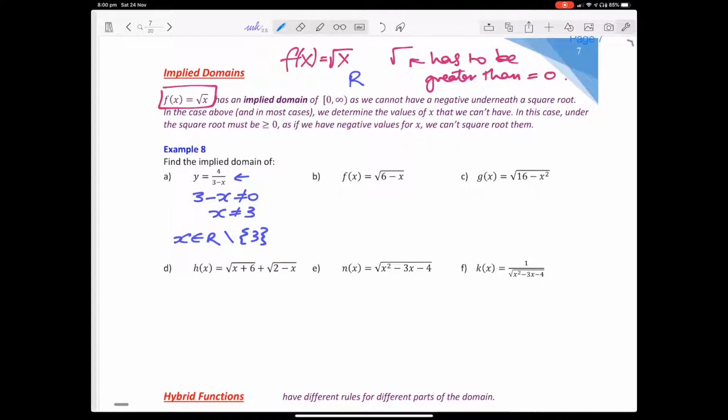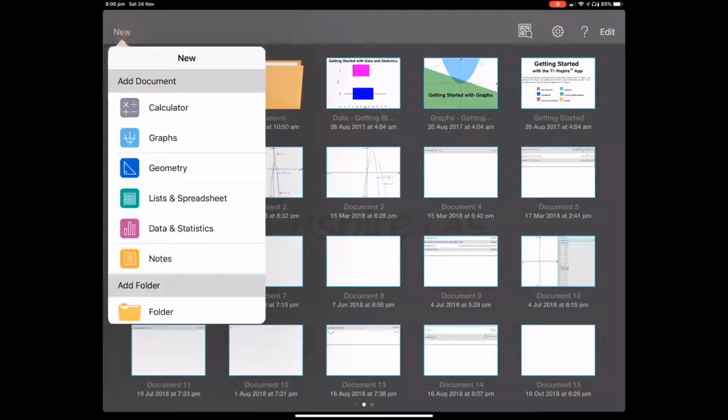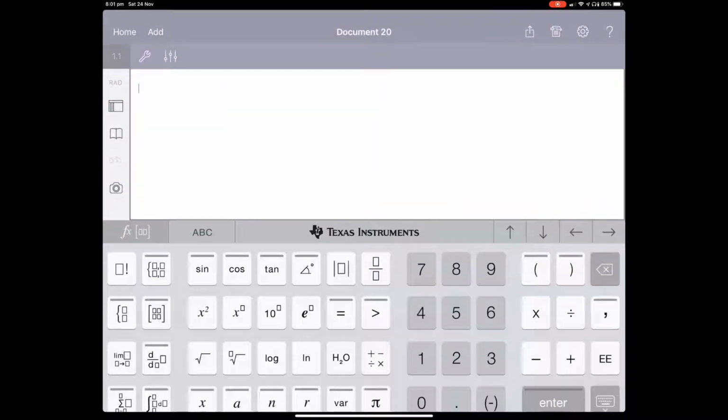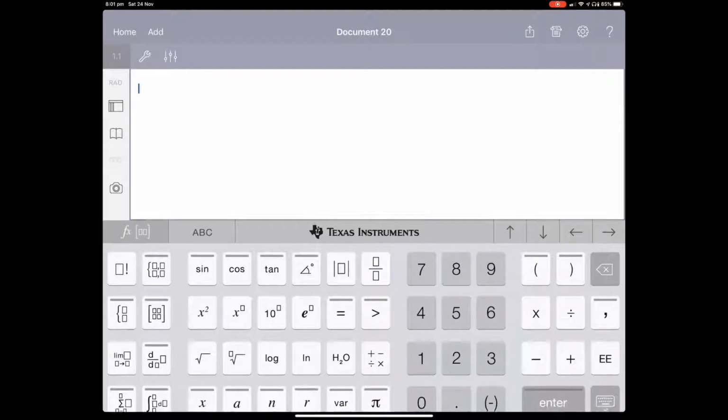Now, you can't actually find the domain on a Casio ClassPad, but you can on the TI-Nspire. So if we go new calculator, I don't know how you look it up in this. Usually you've got that little booklet thing, which enables you to bring up all of the functions in the calculator itself. I can't seem to see it anywhere.